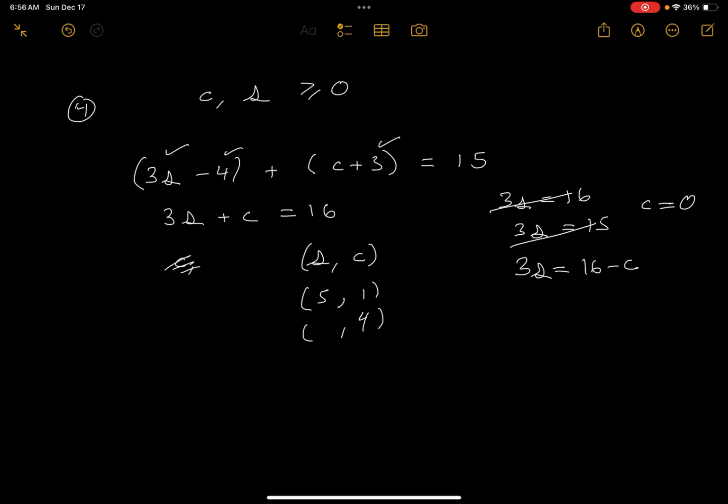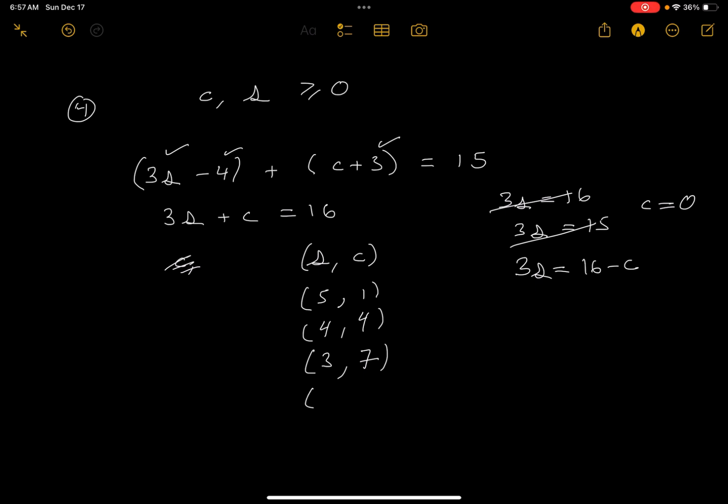And 3 goes into 12 4 times. Let's keep moving. And again, 1 worked, 4 works. 5's not great, you get 11. 6 would give you 10. 7 would give you 9. All right? So if C is 7, you get 16 minus 7, which is 9. 3 goes into 9 3 times.